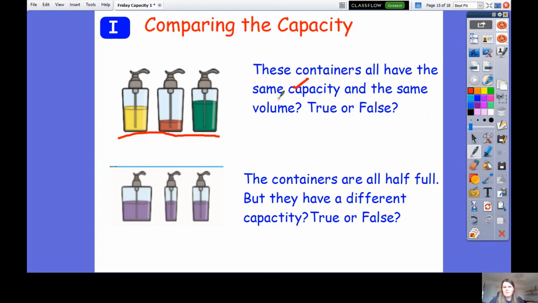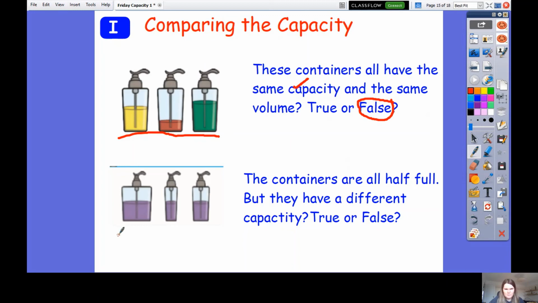Well, volume tells me if it's full or empty. Do they all have the same volume? Oh, well, I don't think they all have the same volume. This one's got more than this one. This one looks nearly full, that looks nearly empty, and that looks half full. So I'd say that this is false because it had the same capacity, but it didn't have the same volume.